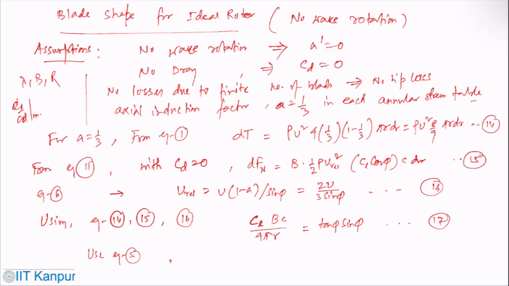So equation 5 with a prime 0 and a equals 1/3 becomes tan phi equals 2/3 by lambda r. Therefore we have C_L B c by 4 pi r equals 2 by 3 lambda r in sin phi.